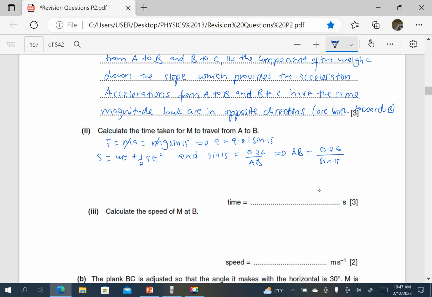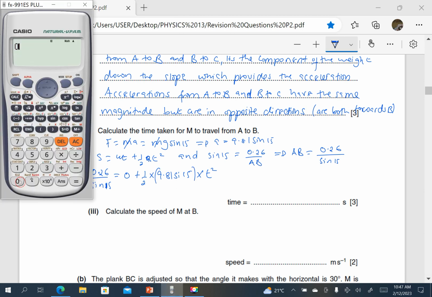Remember, it starts from rest, so initial velocity is 0. Now we are substituting. The distance AB is 0.26 divided by sine of 15. Initial velocity is 0 plus a half times acceleration, which is 9.81 sine of 15, then times the time squared.